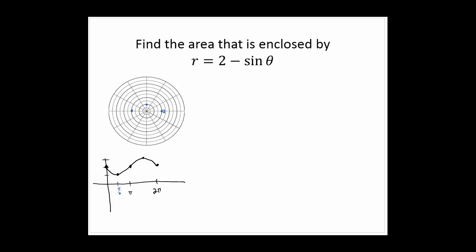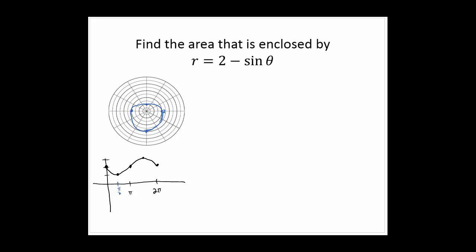It continues to increase to 3 at 3 pi over 2, and then it's back to 2. So we get a curve that does something like this. It's not exactly circular. In fact, it's not a circle.